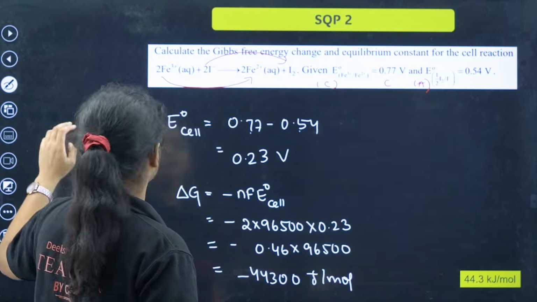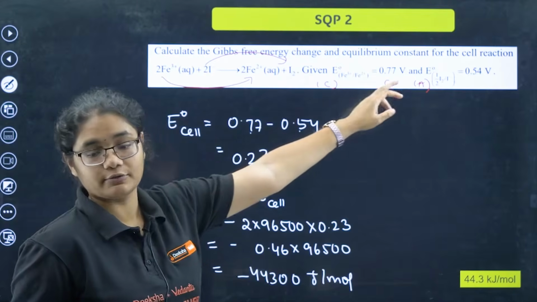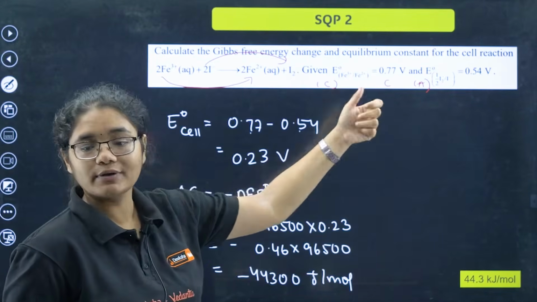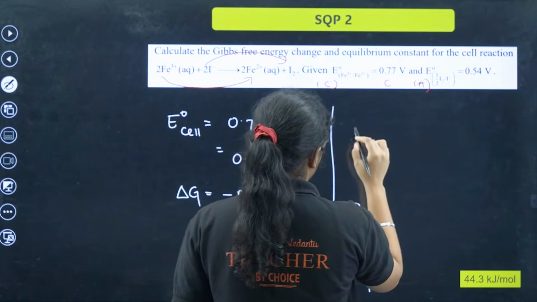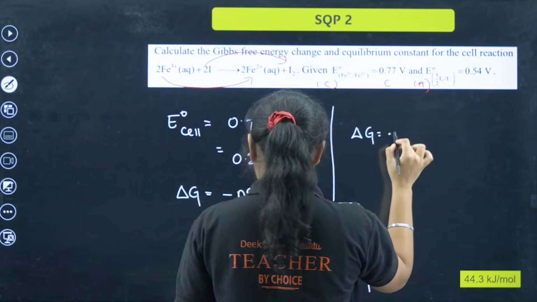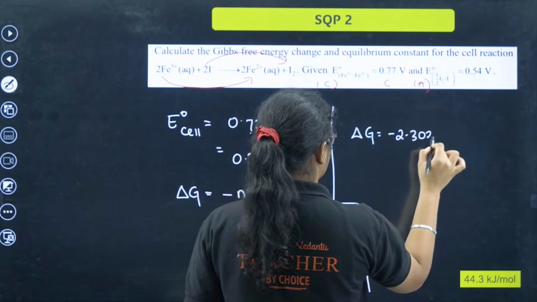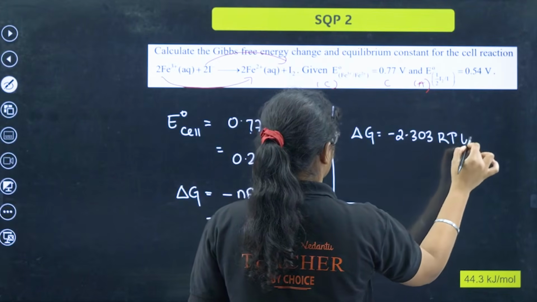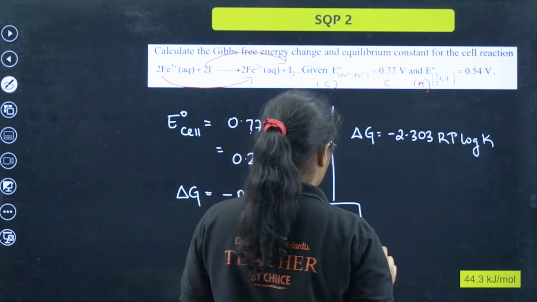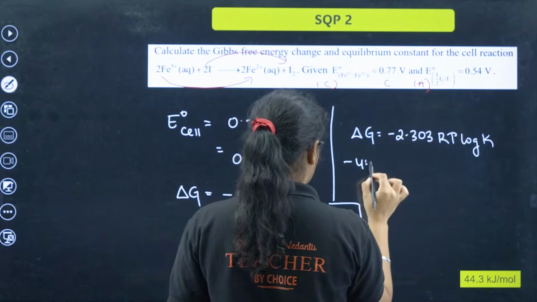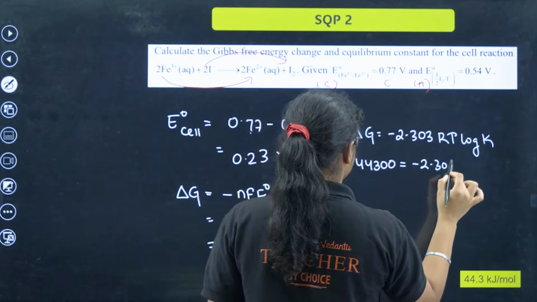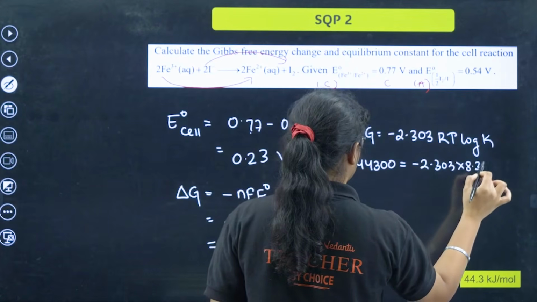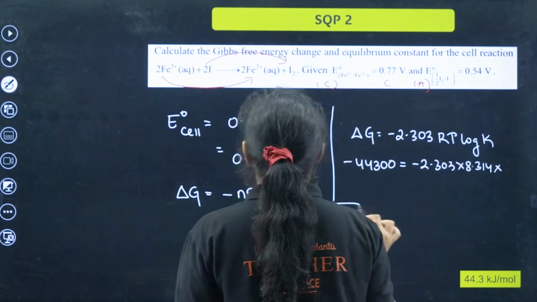Now what we also have to calculate is the equilibrium constant. How to calculate the equilibrium constant? So now see, we have delta G is equal to minus 2.303 RT log of K. Okay, so this is minus 44300 is equal to minus 2.303 into 8.314 into temperature.